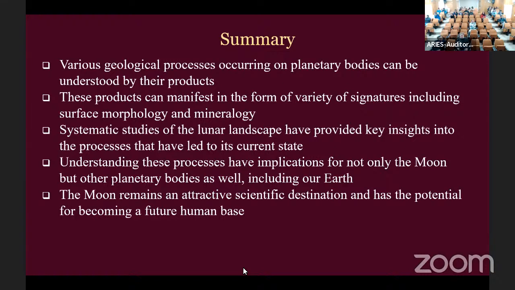So you establish that link. And when we understand those processes, they have implications for other planetary bodies. What I have just discussed is just the tip of the iceberg. It is something that any planetary geologist does, and that highlights what is there on the moon to be understood. And then I'll pass it on to Christian to take us further, showing other facets of the moon.